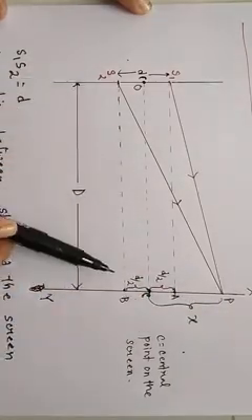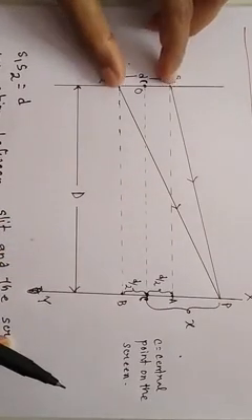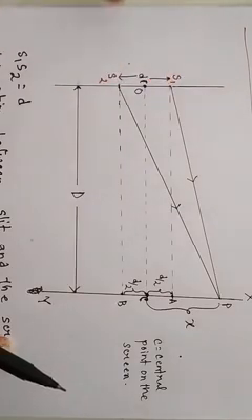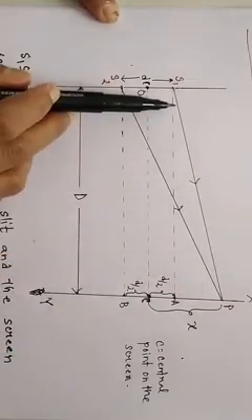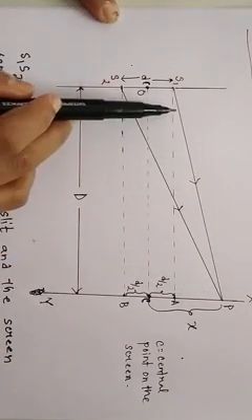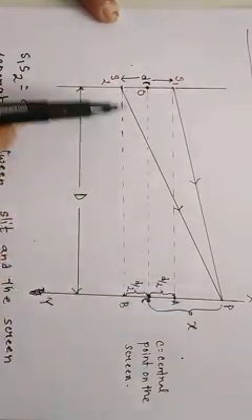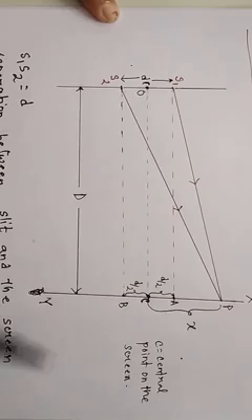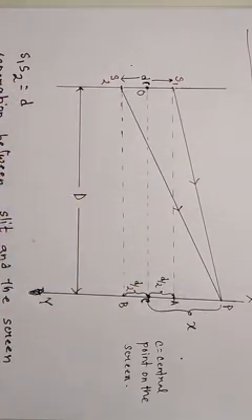We can imagine if this distance shrinks and the slits come very close to each other, then this angle will decrease and become nearly 0 degrees. That is, S1P and S2P will almost be equal to the separation between the slit and the screen, that is, their length will be almost equal to capital D.